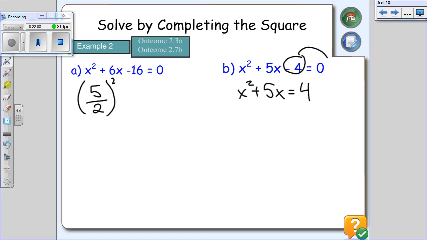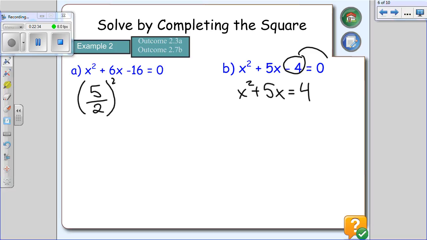We have just chosen the b value. It has nothing to do with this x right now. We're not moving this x anywhere. The x is just staying there. Add the b divided by 2 squared to both sides.